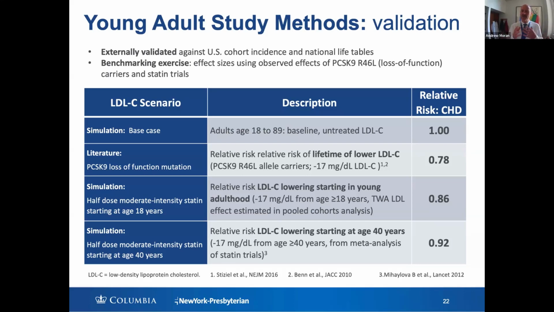And so we don't know exactly if what we're simulating for young adults would be reproduced if you actually performed a clinical trial starting statins at age 18. But we know that it's plausible that the effect size is between later life statin treatment and lifelong lower LDL related to a genetic variant.